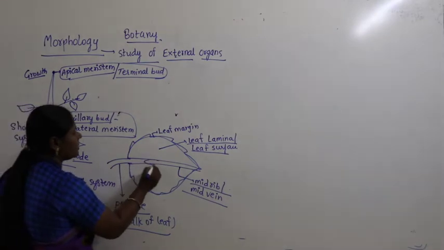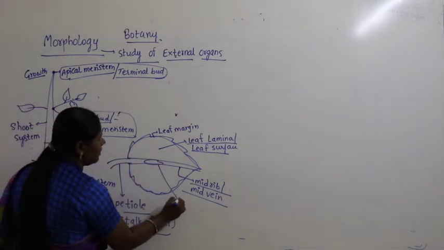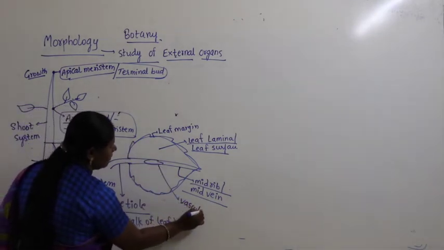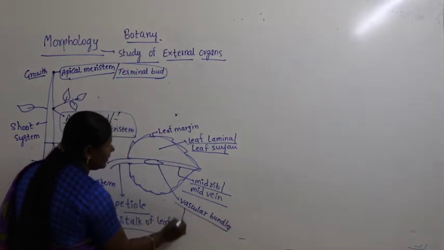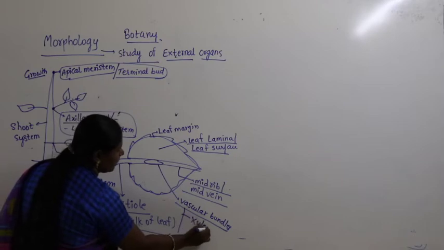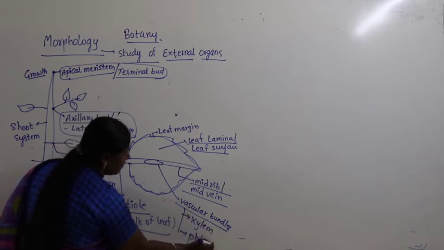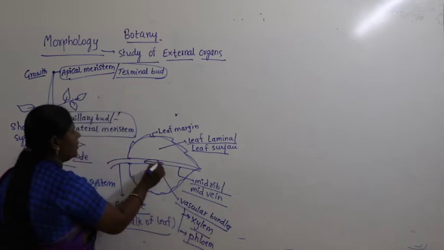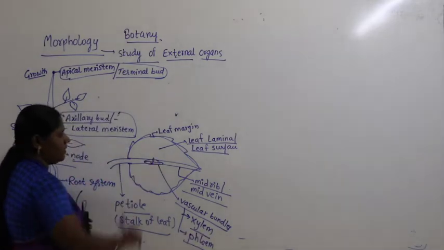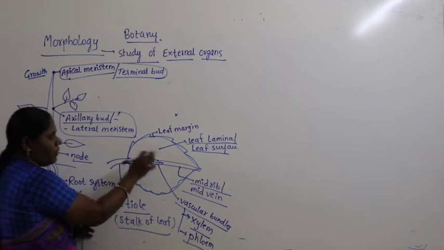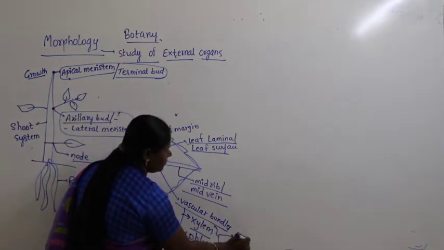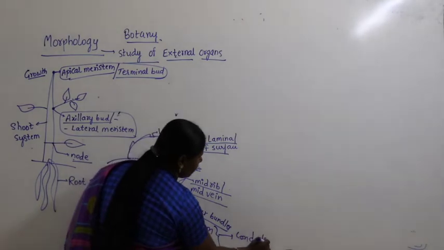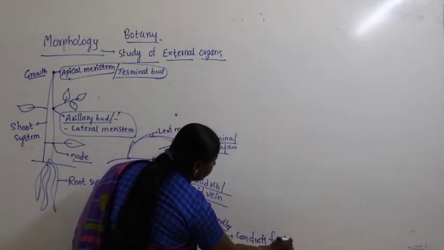What does it contain? Vascular bundles. What does the vascular bundle contain? Xylem and phloem. So here xylem is there, phloem is there. What will xylem and phloem do? Xylem and phloem conduct food and water.